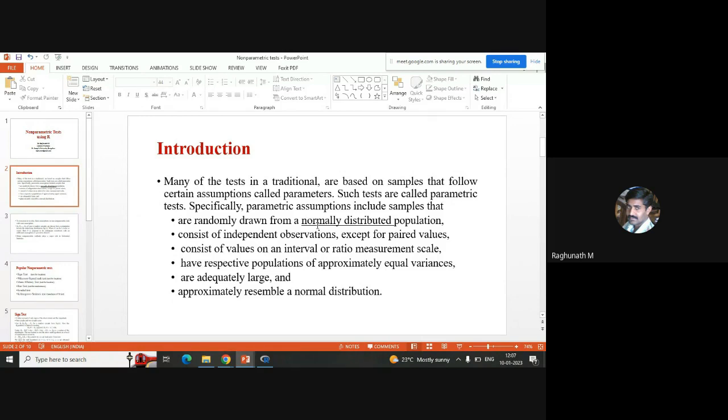There is a question mark. The second thing is, whatever sample we have taken and whatever inference we draw, is it going to apply to the whole population? These are two things that one has to understand.